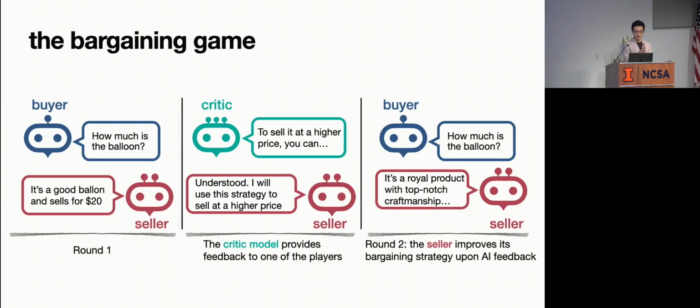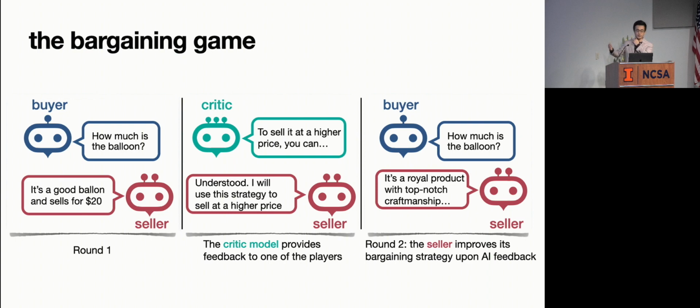Here's an example. In the first round, the buyer and seller start off with some basic conversations about the purchase. The starting price is forced to be $20 through prompting. And also, I'm only showing two pieces of text, but it actually continues until these models reach or break a deal.